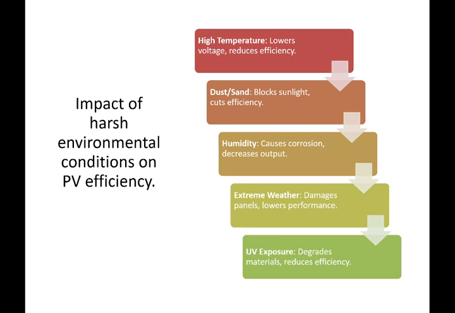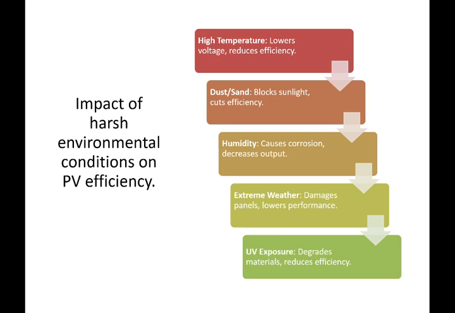So due to sandstorms, the efficiency or output of the solar panel drastically decreases due to blockage of sunlight. Then there comes the humidity, because in our study we also saw some corrosion and that decreased the output.